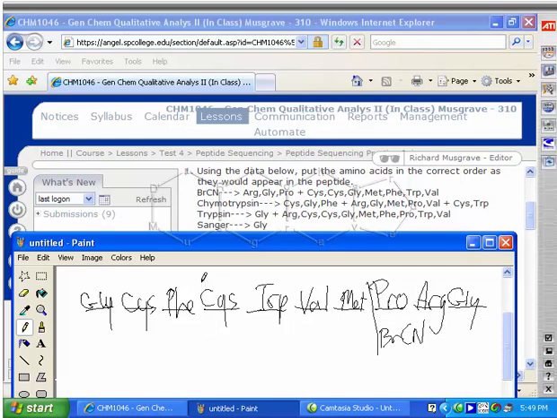If I cut with chymotrypsin, I get cut here and here. And you'll notice again we get 3 fragments that have the right composition. And lastly, if we cut with trypsin, we get 2 fragments again that contain the right amino acids, so we know that our answer must be correct.